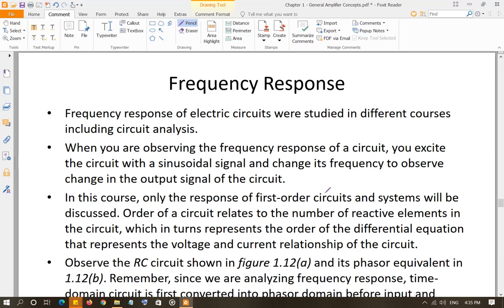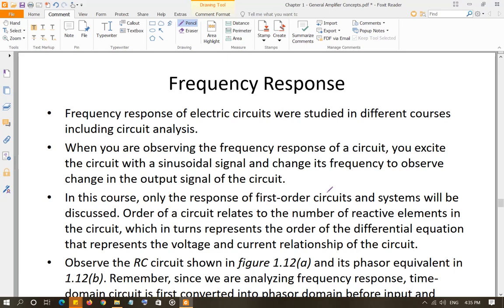So every electronic circuit is frequency dependent. There is a range of frequencies over which the circuit works as intended, but outside that range, it does not. As you will see in chapter 4, we will study the AC response, that is the frequency response, of operational amplifier circuits as well.